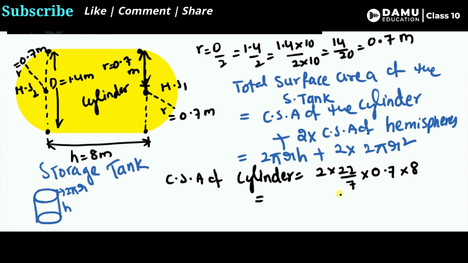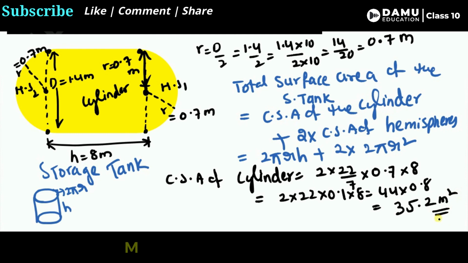Here 0.7 by 7 gives 0.1. So 2 into 22 into 0.1 into 8. 44 into 0.1 into 8 gives 0.8, so 0.8 into 44 gives 35.2 meter square. So this is the curved surface area of the cylinder.